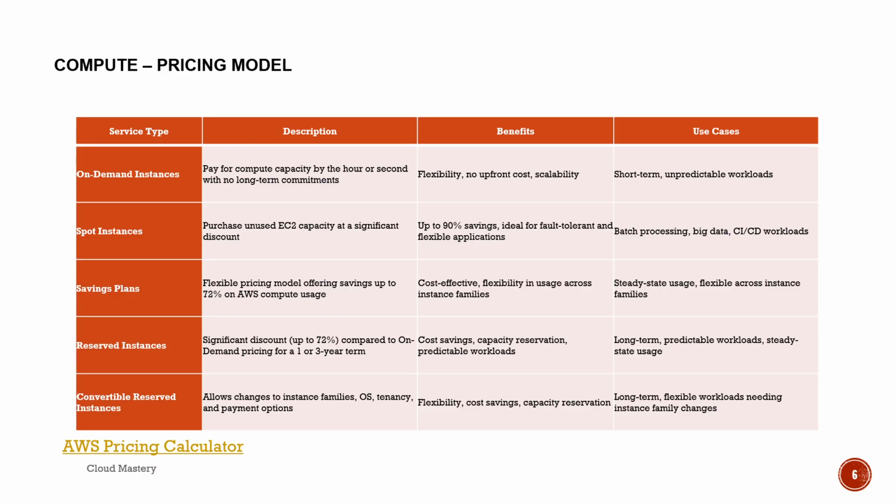But if you go with the convertible regional instance, then you have the chance to change the instance family as per requirement. Suppose you want to move from the R5 series to a higher series, you can easily convert that and change the instance type. There is no restriction in convertible. So I personally approach clients with the convertible regional instance and savings plan.